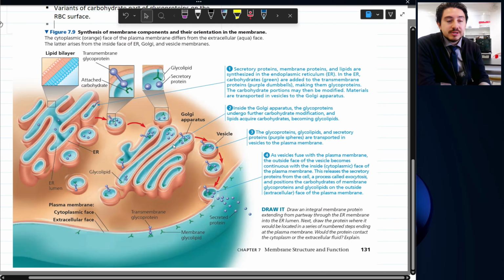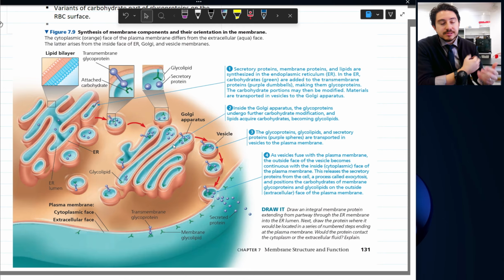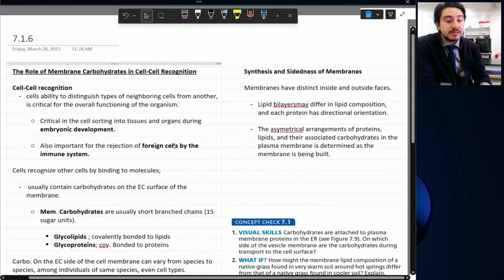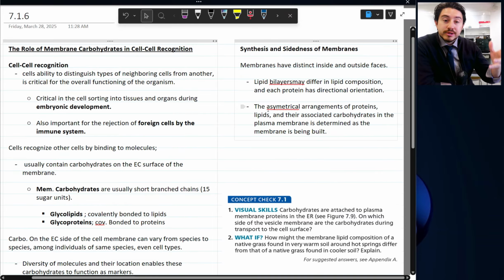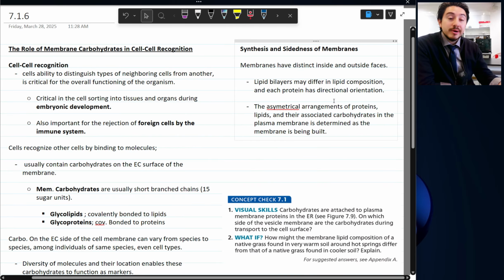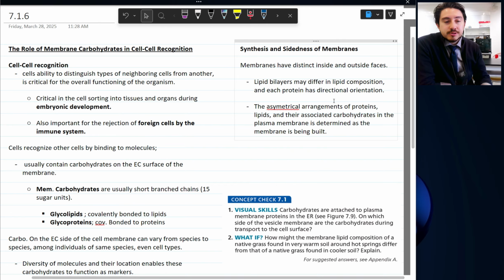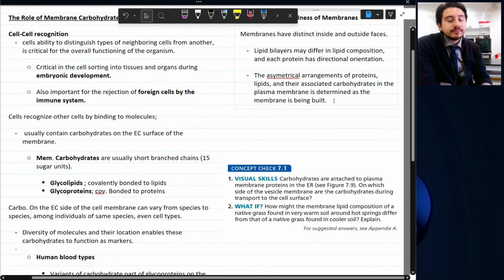Membranes have distinct inside and outside faces. Lipid bilayers may differ in their composition of lipids and in how the protein is directed or oriented. So the asymmetrical arrangement of proteins, lipids, and their associated carbohydrates can determine what membrane is being built and what it's going to be used for.